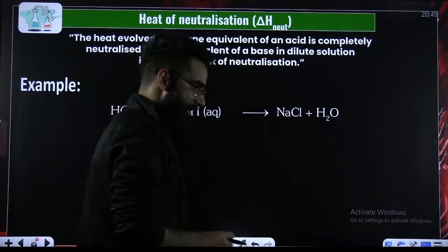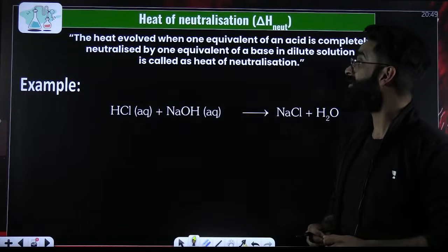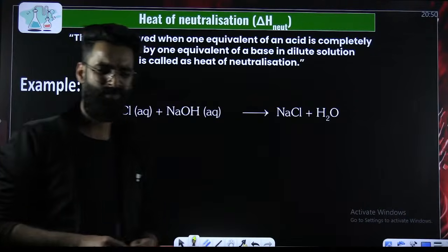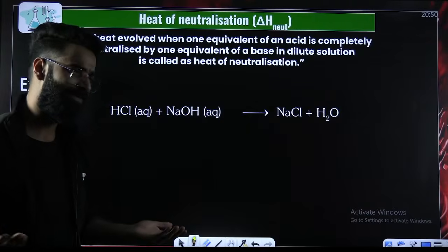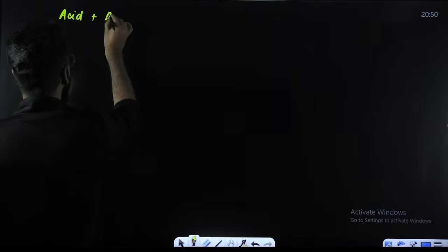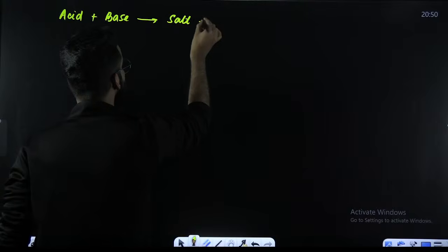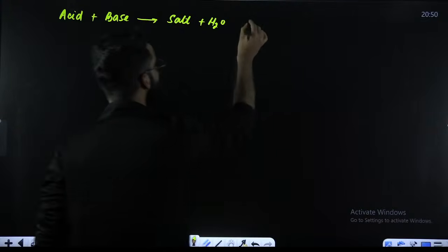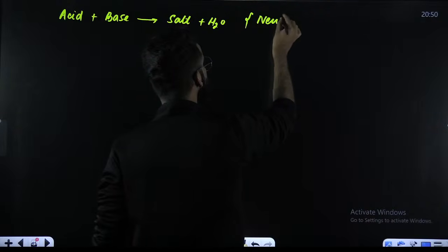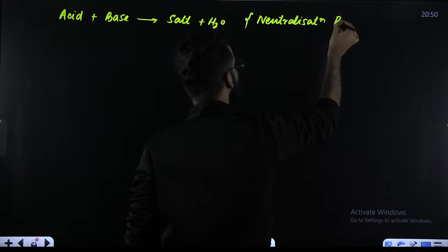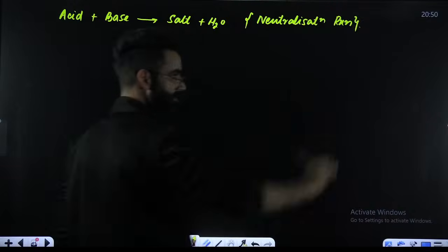First of all, before discussing the concept of enthalpy of neutralization, what is neutralization? Whenever you see an acid reacting with a base leading to the formation of salt and water, this reaction is what you call a neutralization reaction.